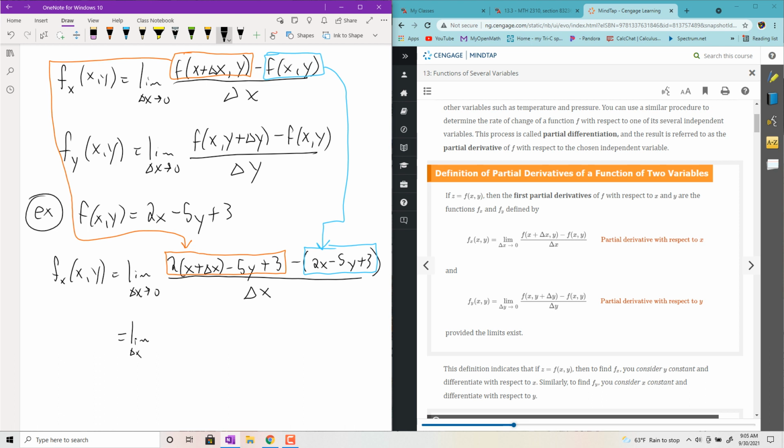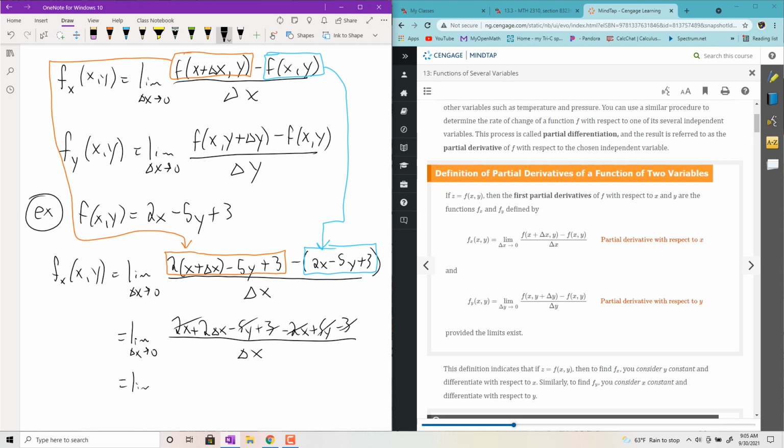Limit as change in x goes to 0. I have to do some distribution, a little bit of algebra: 2 times x plus change in x, minus 5y plus 3, distribute the minus: minus 2x plus 5y minus 3, all over change in x. The 2x's cancel, 5y's cancel, 3's cancel.